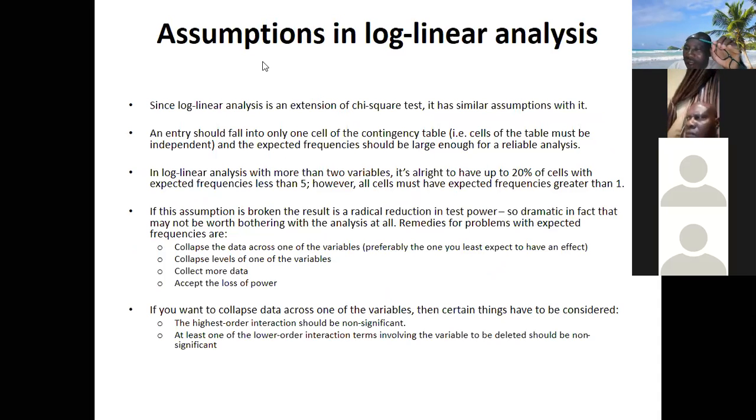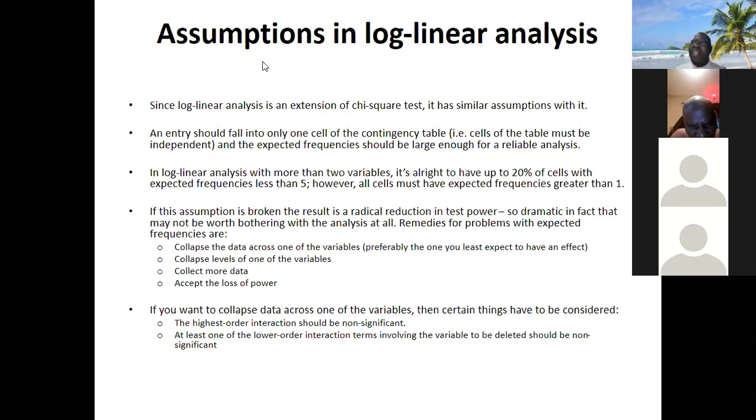You remember the assumption of using chi-square. You can have expected value less than 5 in up to 20% of the cells, that is acceptable. But once you have more than 20% of the cells with expected value less than 5, chi-square is not valid.